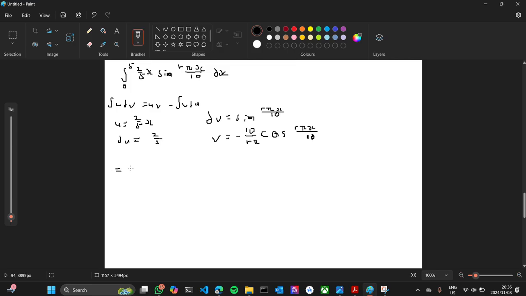Now it's going to be u, which is 2 over 5 x, multiplied by v, which is 10 over pi cosine of pi x over 10, minus, well, actually, it's just going to become plus because of this here. 10, I'm just going to factorize this, or take it outside.